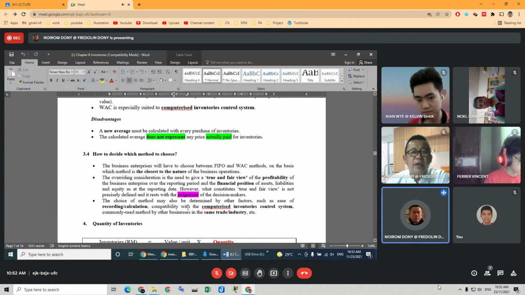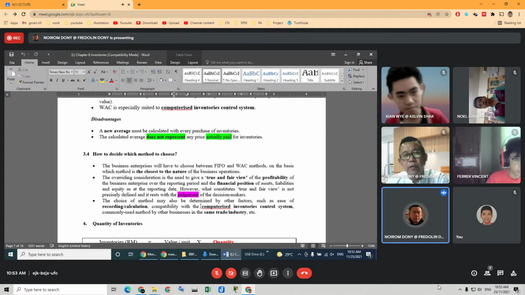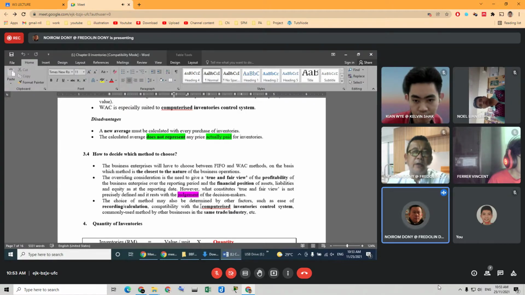Then which one is more compatible with your existing system? If your existing system is computerized, it's better to use average cost. And then look at the other competitors in the same industry. Are they using first in, first out, or weighted average? Normally, you follow that trend. If they are using weighted average, then use weighted average.